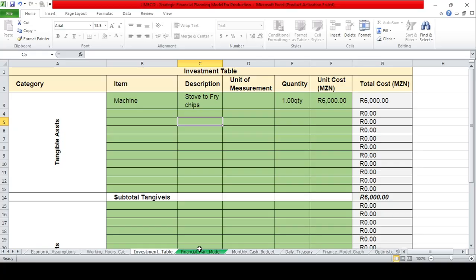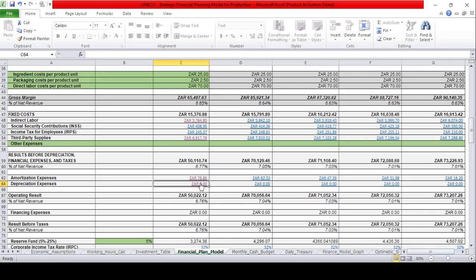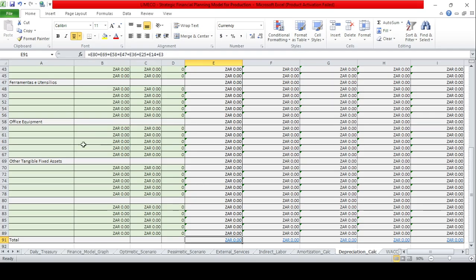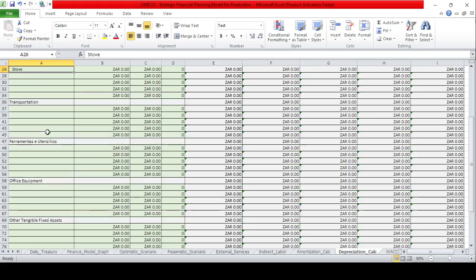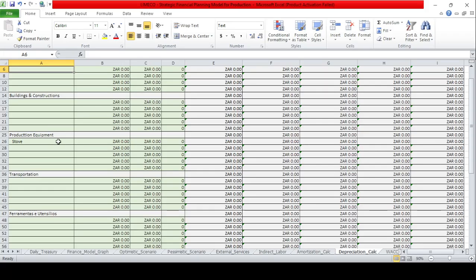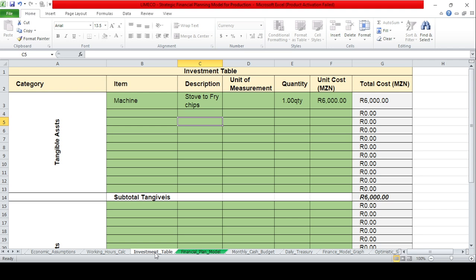Now depreciation. Let's put the stove. The stove cost is how much I put it? How much is it? 6,000 rands.